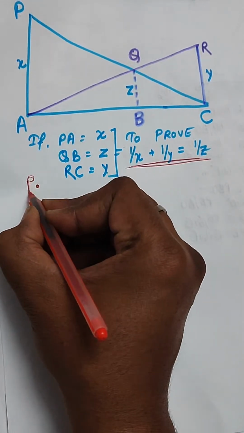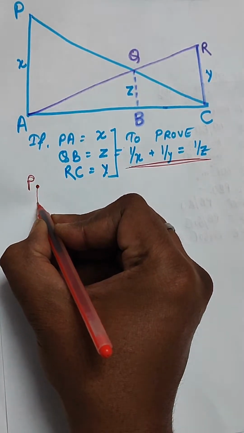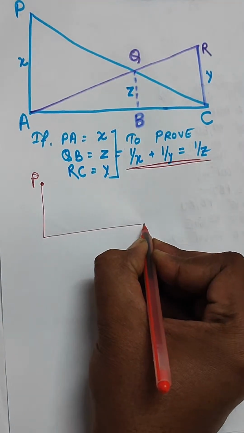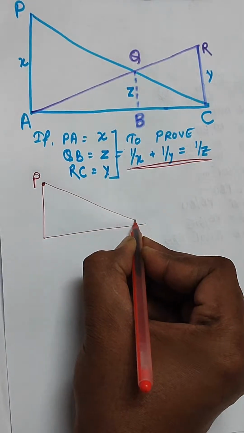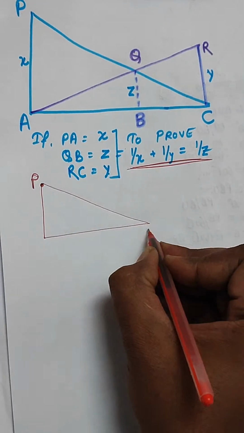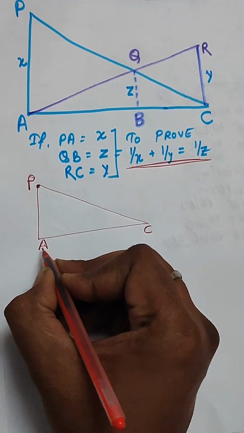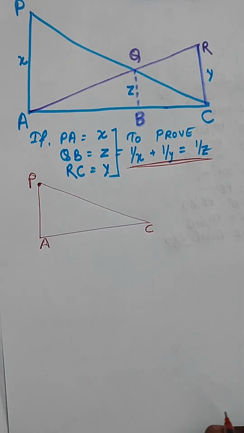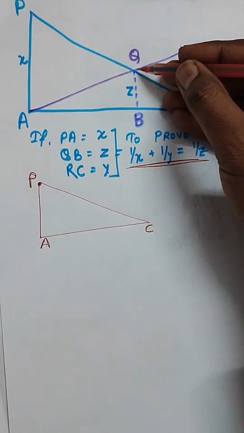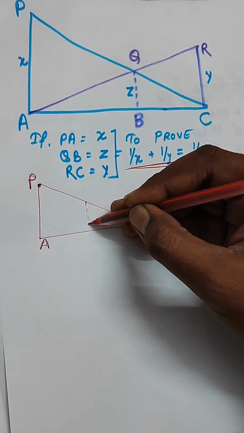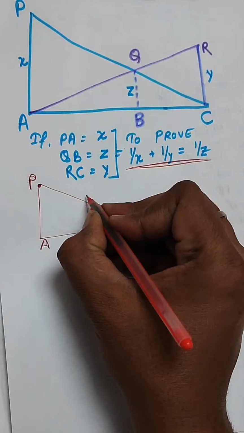P, let me make it a little smaller, A, C, PAC, and this QB line you can just draw as it is.